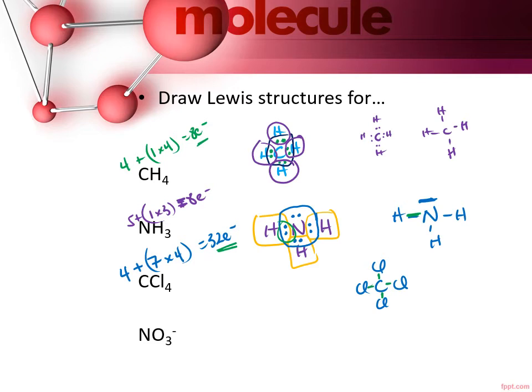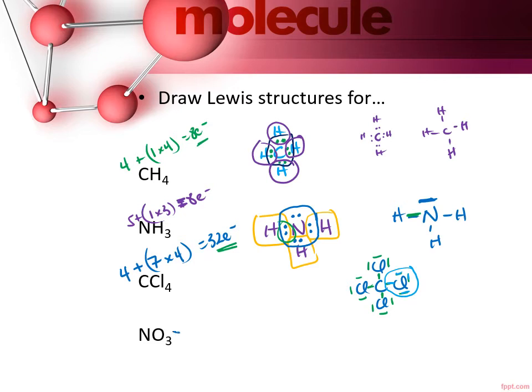So again, 2, 4, 6, 8, 10, 12, 14, 16, 18, 20, 22, 24, 26, 28, 30, 32. All the magic. Everyone has 8 valence electrons. Because each bar, remember, is a shared pair. Well, shared if it's here, unbonding if it's here. Good? Good.